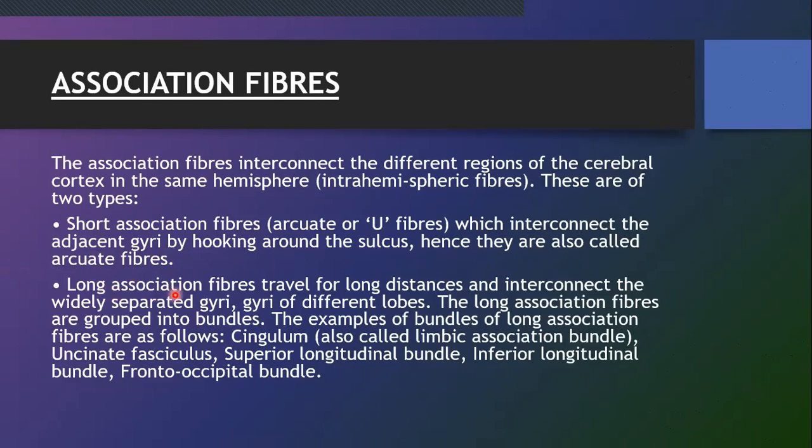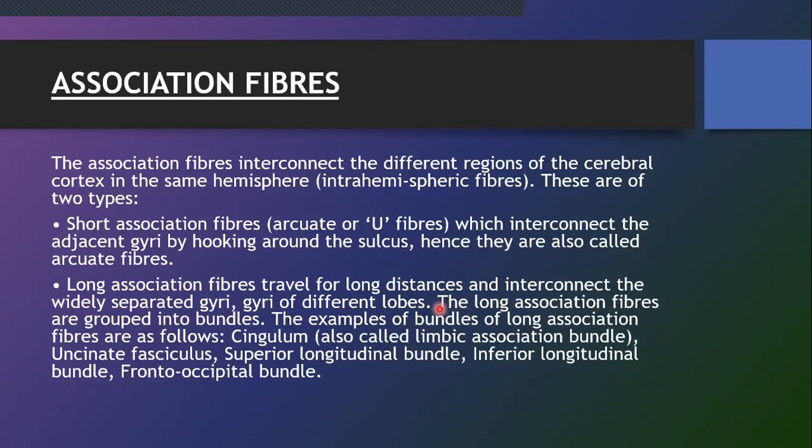So then we have long association fibers, which travel for long distances and interconnect the widely separated gyri or gyri of different lobes. So you can find the long association fibers can connect gyri of a frontal lobe with the gyri of occipital lobe. So they are long.